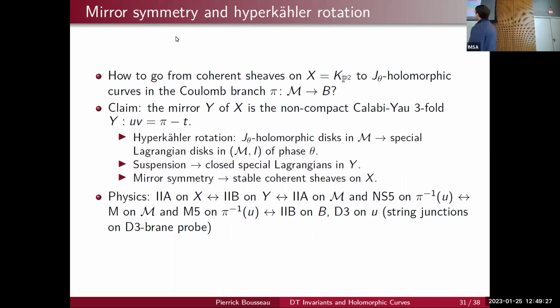So the concrete question is, okay, is it possible to go directly geometrically from coherent sheaves on local P2 to J theta holomorphic curves in this integrable system M?